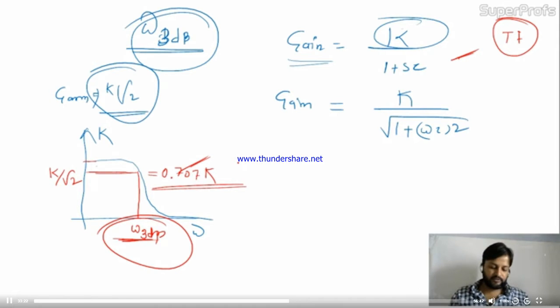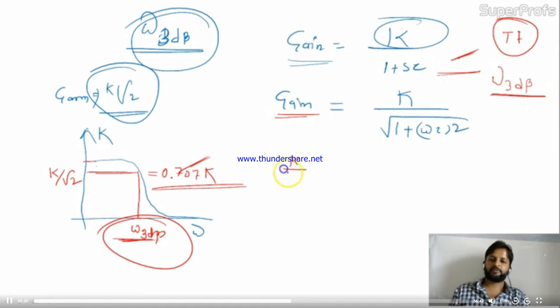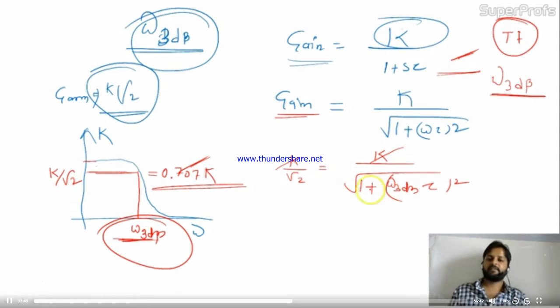Okay, so friends, let me tell you one thing over here. For this transfer function, if he is asking what is omega 3 dB, so omega 3 dB is the frequency at which the gain becomes K by root 2. So K by root 2 equals K over the square root of 1 plus, now the frequency becomes omega 3 dB, tau whole square. K will get cancelled and you have to square both sides.